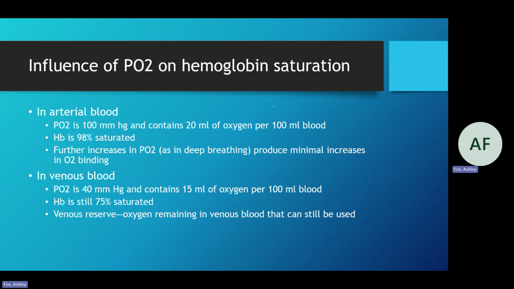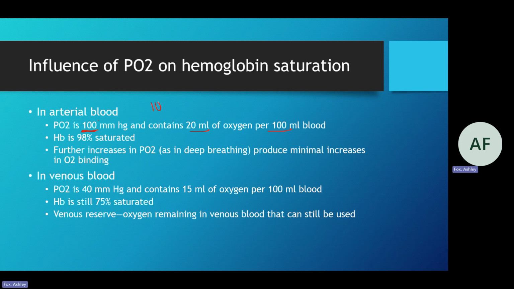So looking at the partial pressure of oxygen in arterial blood, remember partial pressure can be around 100 or 95, but 100 is easier to look at. This is coming right off of the pulmonary capillaries. So the partial pressure is 100 millimeters of mercury in arterial blood. So there's 20 mils of oxygen per 100 mils of blood.